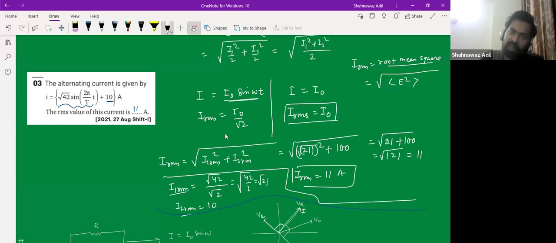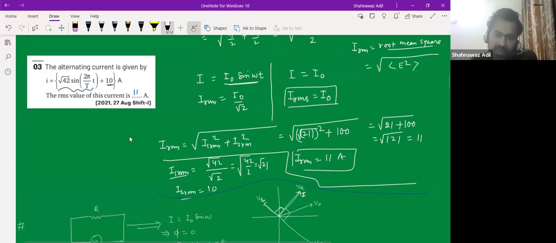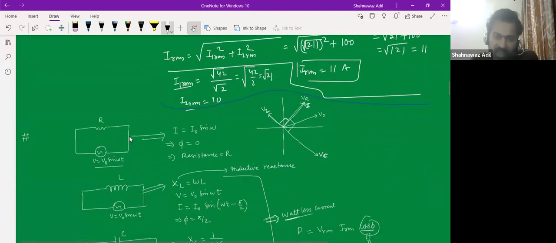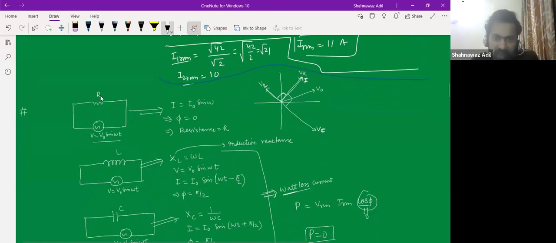So now we will talk about LCR circuit. In LCR circuit, in your CBSE course, you have individually already understood that we have resistive circuit. Resistive circuit doesn't have any phase difference between current and voltage. So phi is 0.